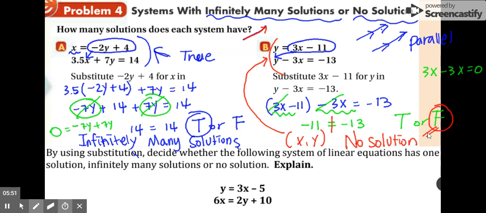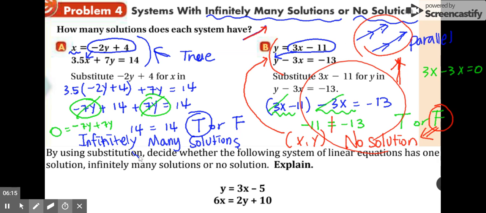Once you get to a false statement, then there's no answer. There's no solution which makes both equations true at the same time. You may think that if I graph it, the lines should be parallel. I need you to connect graphing and substituting, okay? Because both are talking about the same situation.